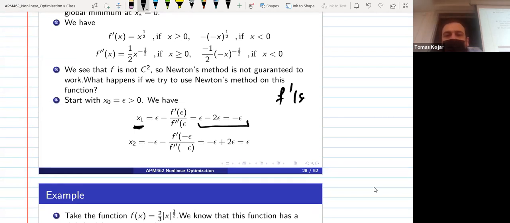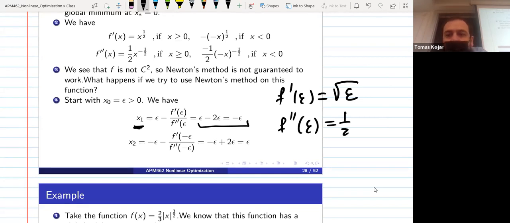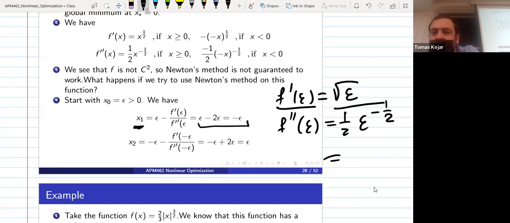So f prime of epsilon is equal to square root epsilon, and f double prime of epsilon is equal to a half, and then epsilon to the minus a half, right? So then when you divide them, you get epsilon over 2. But the 2 comes on top here. And that gives you minus epsilon.